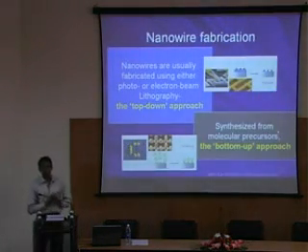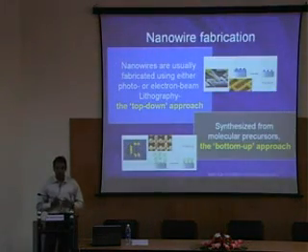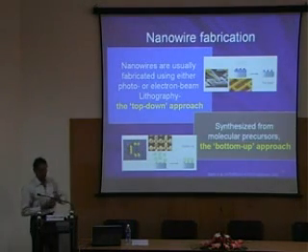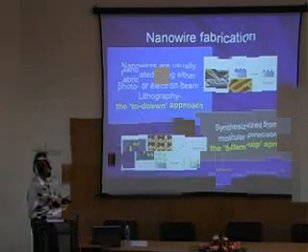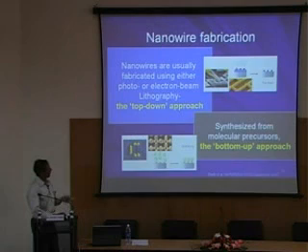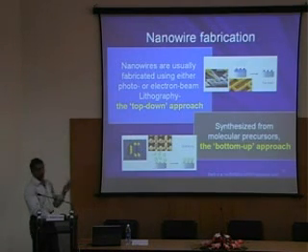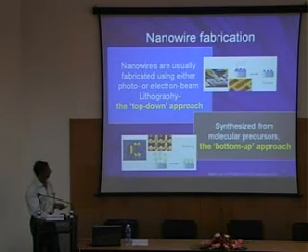How do you make these nanowires? If you want to make a computing system using very, very simple methods, bypassing the existing photolithography techniques, how do I make it? One approach is to still use the existing CMOS technology, which is known as the top-down approach, to make your nanowires.